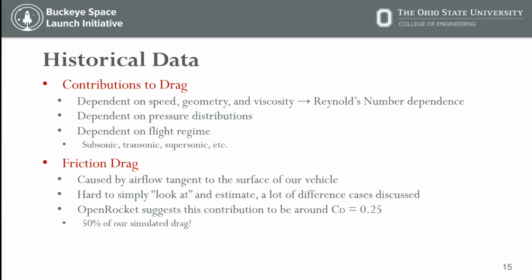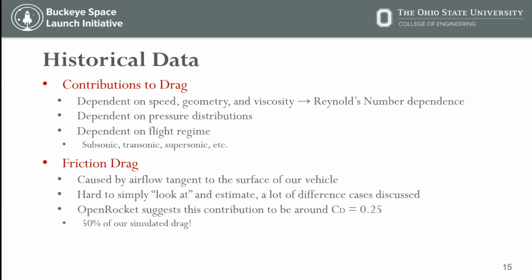Based on the textbook, from what I've been able to find, it's really hard to just look at the textbook and estimate what this should be. You'll see that as we look at pressure drag and base drag, you can do that with some level of confidence, at least enough to verify some models. OpenRocket, however, suggests that this contribution should be around 0.25 for our vehicle.